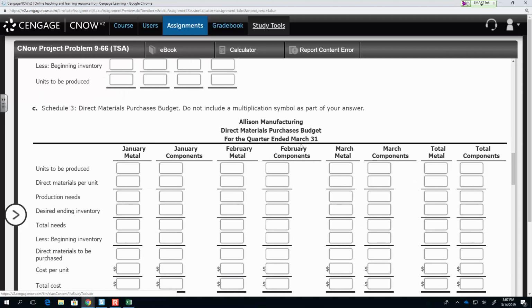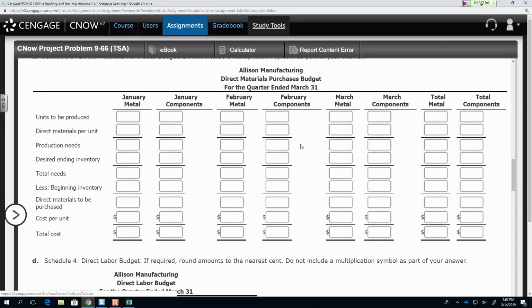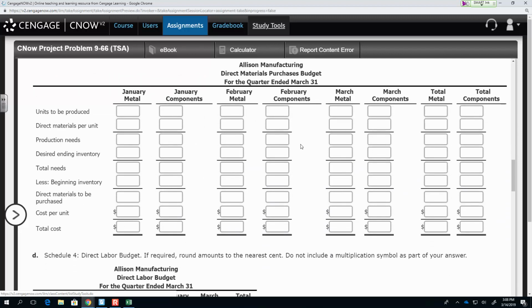Schedule 3 is sometimes confusing. This is our material purchases budget, but you'll notice that we have two parts, a metal part and a component. Now, here is a suggestion. In your Excel workbook, you may decide to put on one worksheet the metal on the left, the component on the right. You know what I mean?